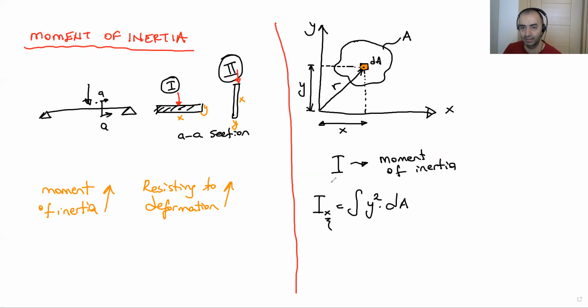What is the distance to the x-axis? Y, right? Area times distance square gives me the moment of inertia for X. It's the same for the Y. Okay, this is the general explanation.